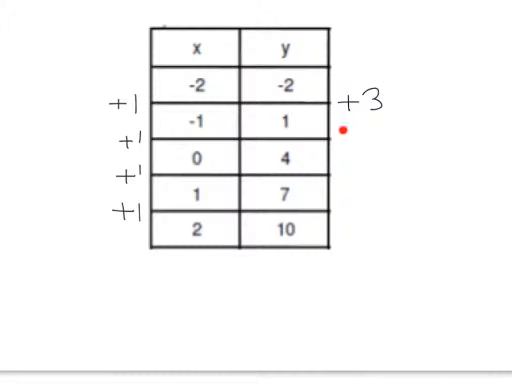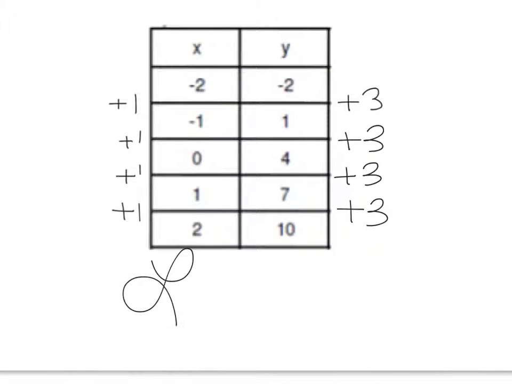What am I doing here? Add 3. 4 plus 3 is 7. 7 plus 3 is 10. It looks like we have constant change. Since we have constant change, it is fancy L, linear.